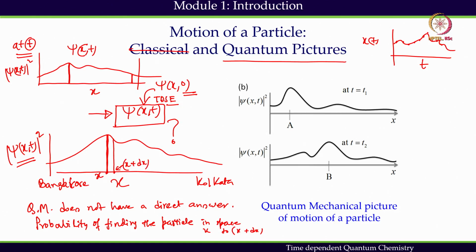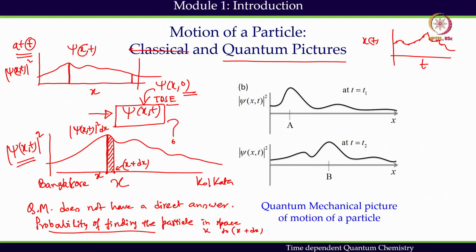Within this dx space, what is the probability of finding the particle? That is actually this density multiplied by dx, which is nothing but the area under the curve.